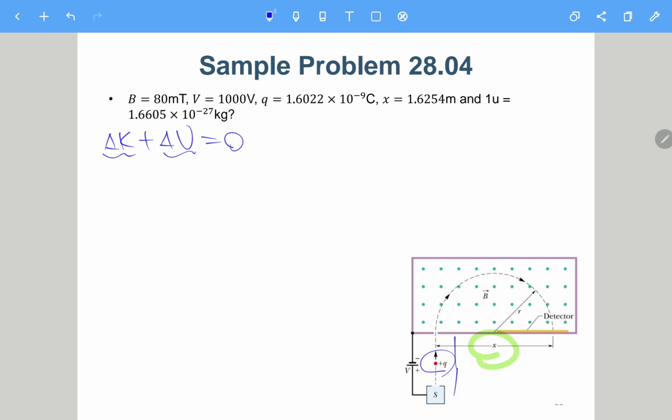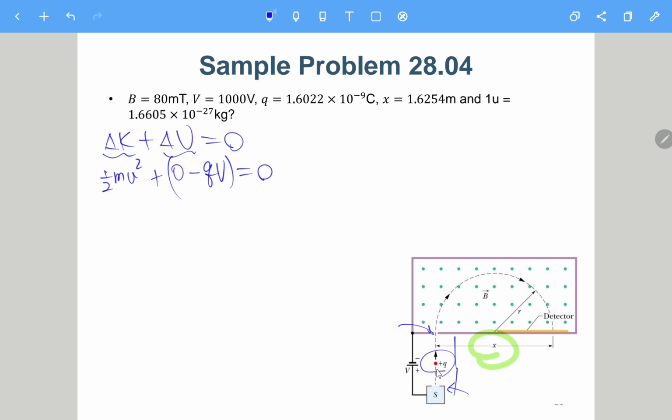Okay, so the delta K, at first, the charged particle is stationary, which means that v is 0. So finally, we will have half of mv squared minus 0 to be the delta K. And then for delta U, it will be 0 minus QV, because this is ground, so we won't have any potential energy.